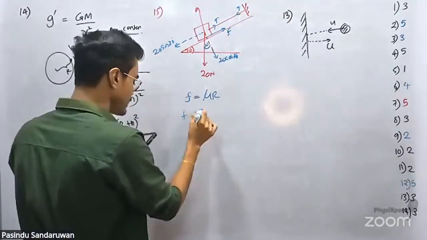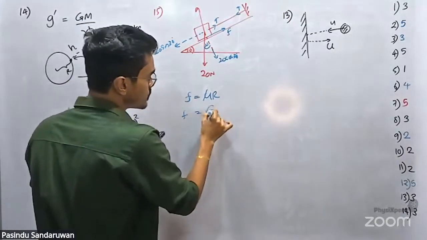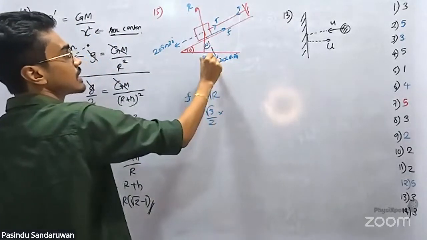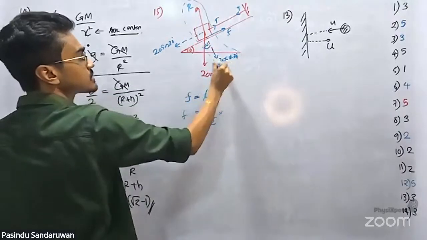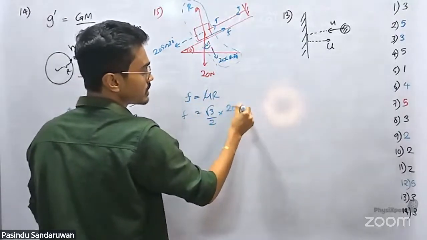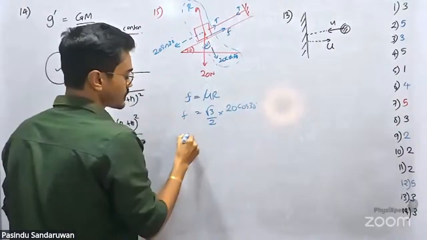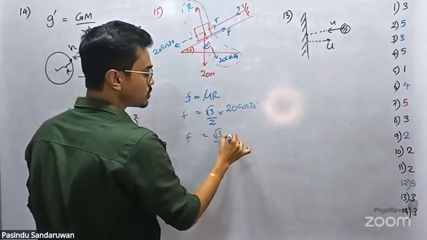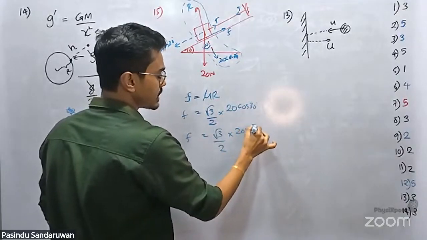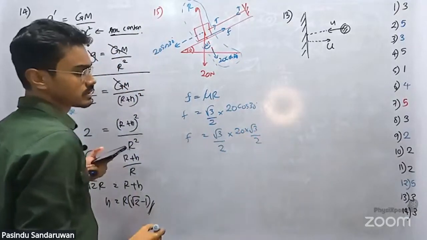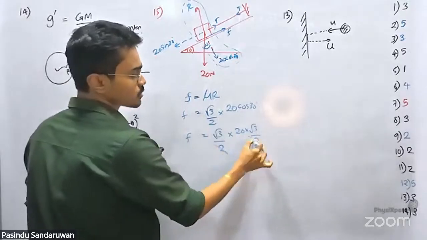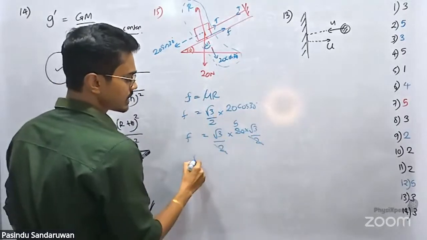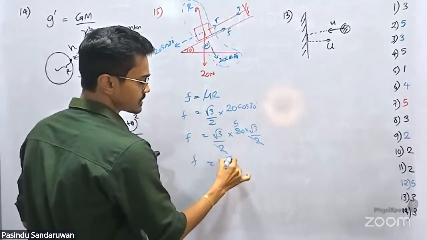Then mu is given as root 3 over 2. And R is the normal reaction, which is 20 cos 30. Which means F equals root 3 over 2 times 20 times root 3 over 2. 2 times 2 is 4, this is 4 times 5, root 3 times root 3 is 3, which means this is 15 newtons.